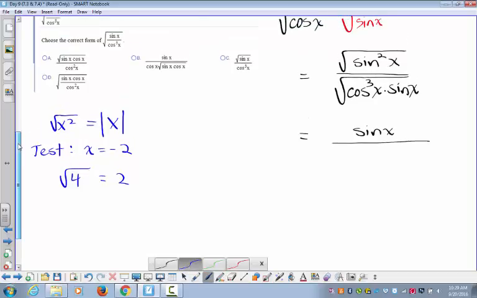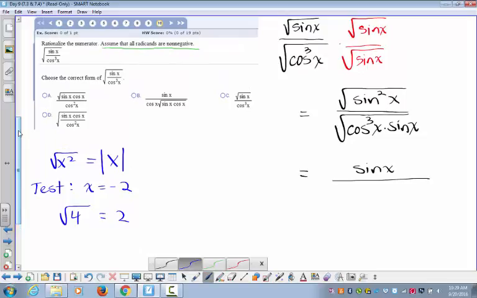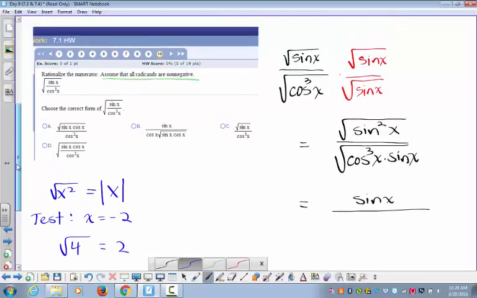Unless you're told that you're only plugging in non-negative numbers. If you're plugging in non-negatives, then you know that your x value is 0 or positive. Then it's true that the square root of x squared is just x, if you know that x is not negative. So we have to be a little careful there. And it's not underscored enough in college algebra.